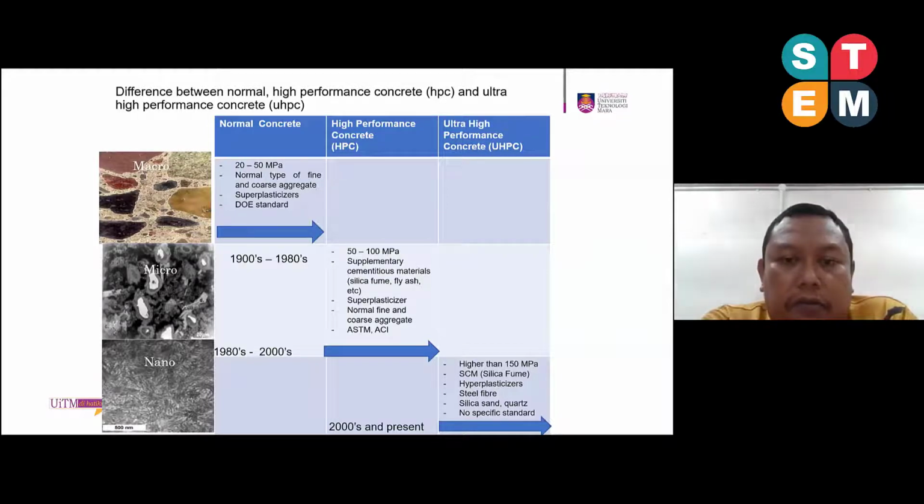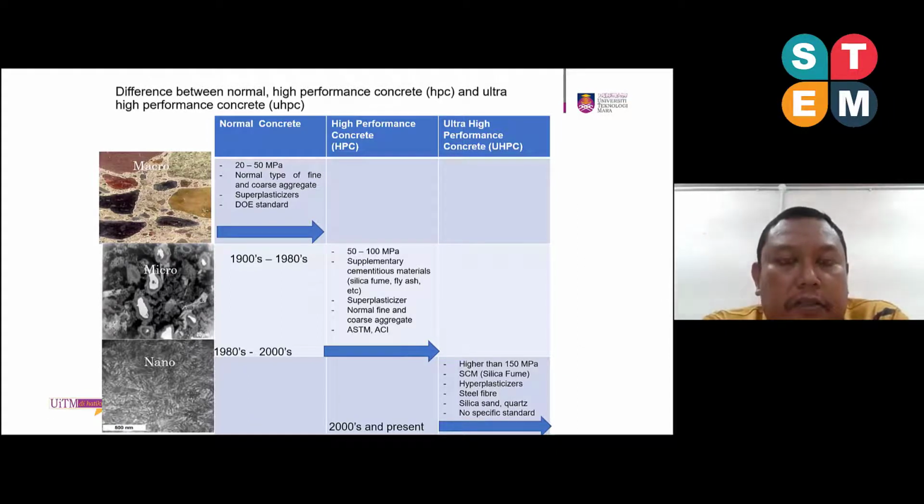And again, to have very good strength, more than 50 MPa, we need to add special types of admixture, for example polycarboxylate, retarder, and also accelerator. Normal fine and coarse aggregate is needed due to the compactness of that concrete, and there is a standard design to achieve this kind of strength, either ASTM or ACI, or the most popular design method, which is DOE.